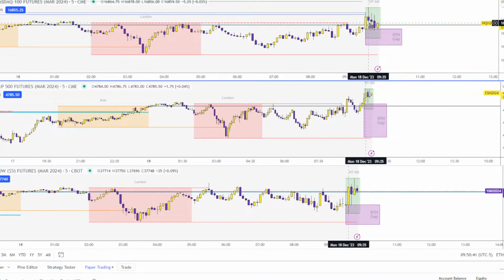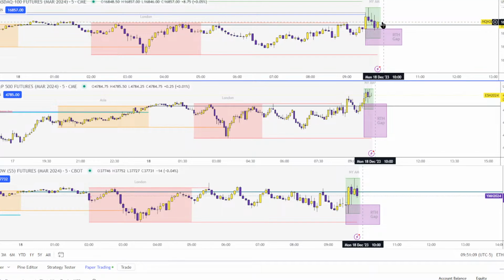No. Yeah, you want this to start breaking down now, get below here, come back, find some support at it to get lower. So there's your inversion. It hit the top of it right here. Well, actually, it's not an inversion yet, until we get through it and come back to it. So we're kind of just banging around inside that fair value gap right now.